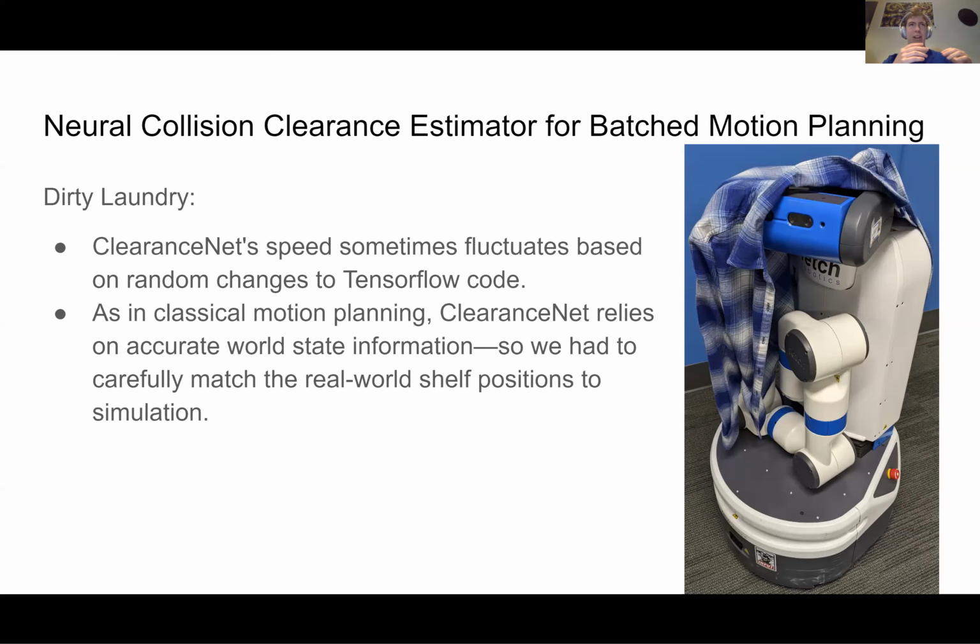And so we start out at around 0, saying that 0 clearance is the boundary between collision and no collision. And if that doesn't work, then we relax the boundary and we allow some more potentially in-collision samples to be used. Yeah, so we do incorporate that into our RRT.